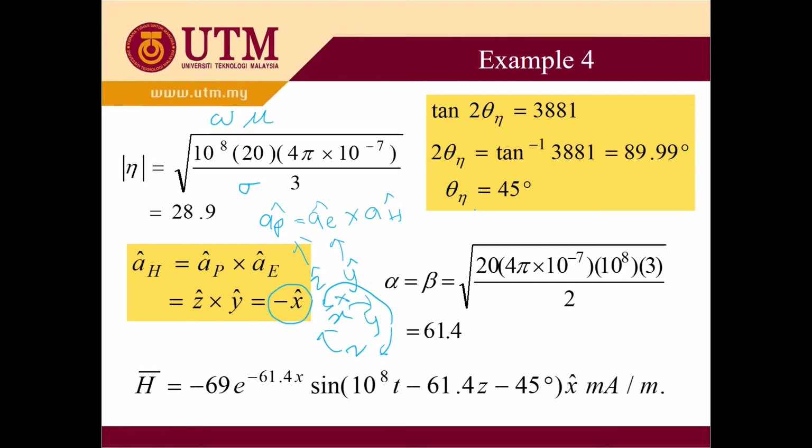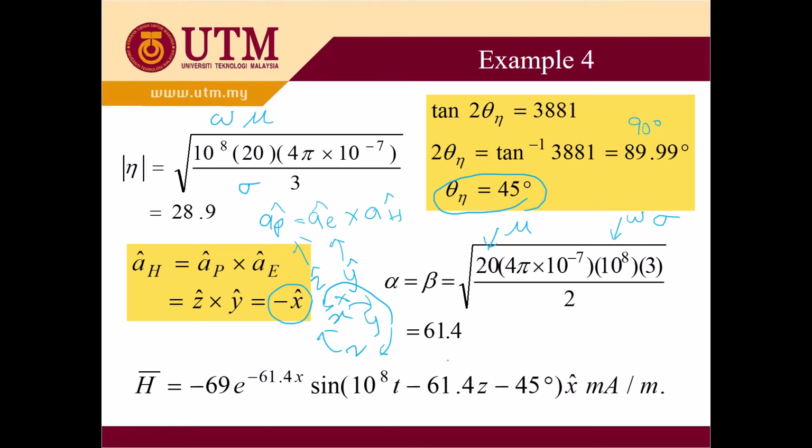And then this one is 45 degrees like we expect, but we can prove it because the tangent of 2 theta n equals 3881, which is very big. So the inverse tangent is around 90 degrees, and half of it is 45 degrees. So it's proven. And alpha equals beta equals the square root of pi f mu sigma, which is the square root of omega mu sigma divided by 2.